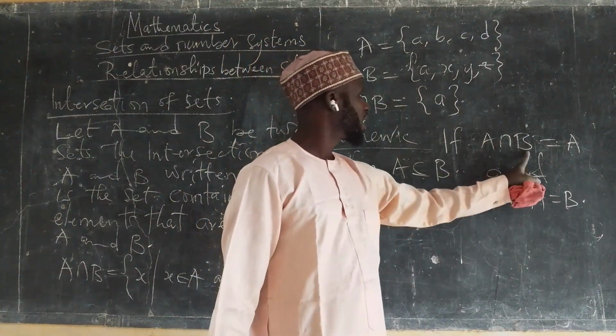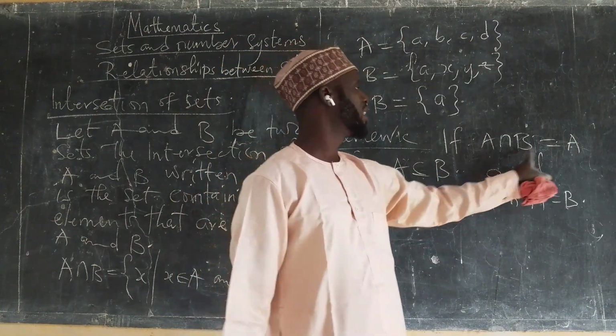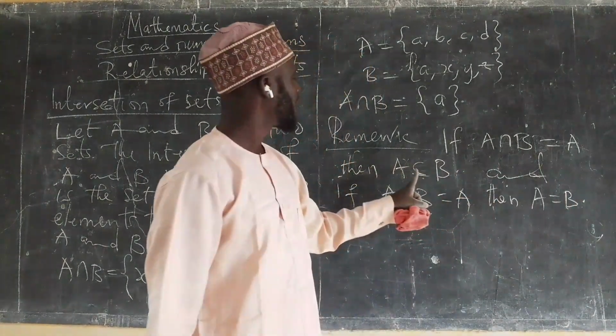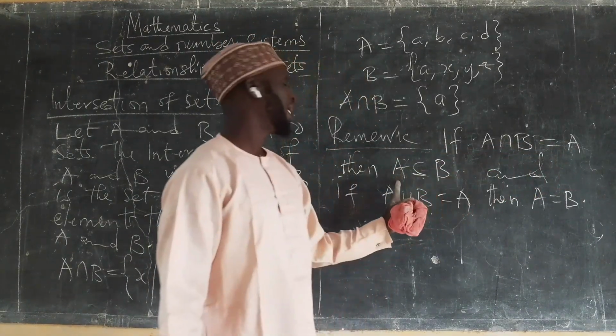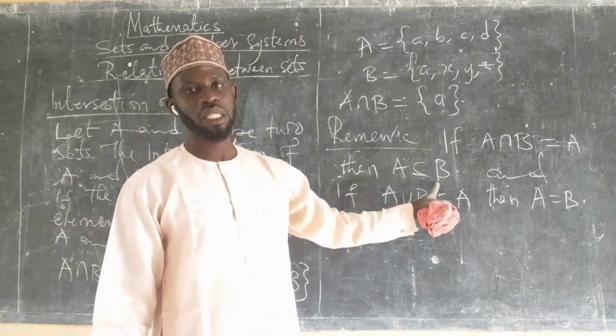Now, if you take the intersection of any two sets and it gives one of the sets, then clearly the answer here, the one you got, is a subset of the other.